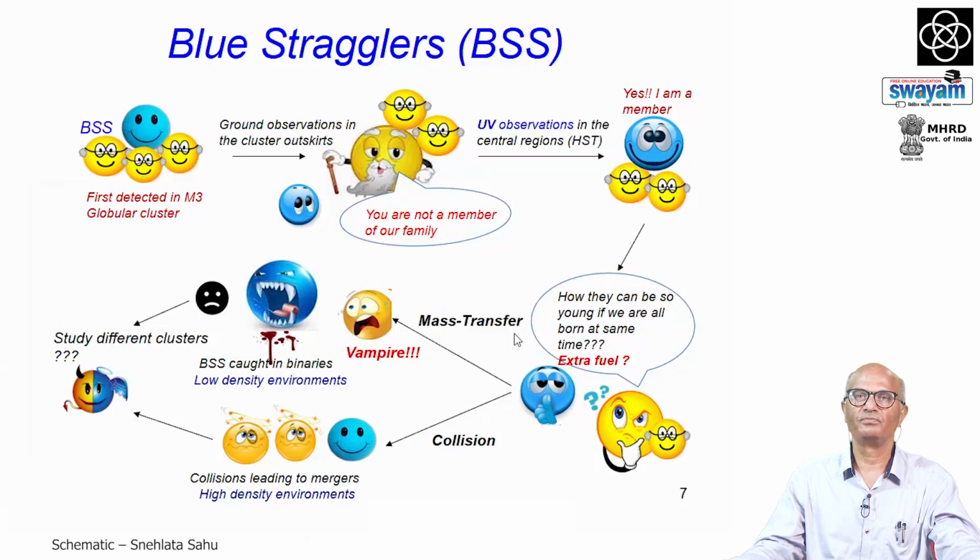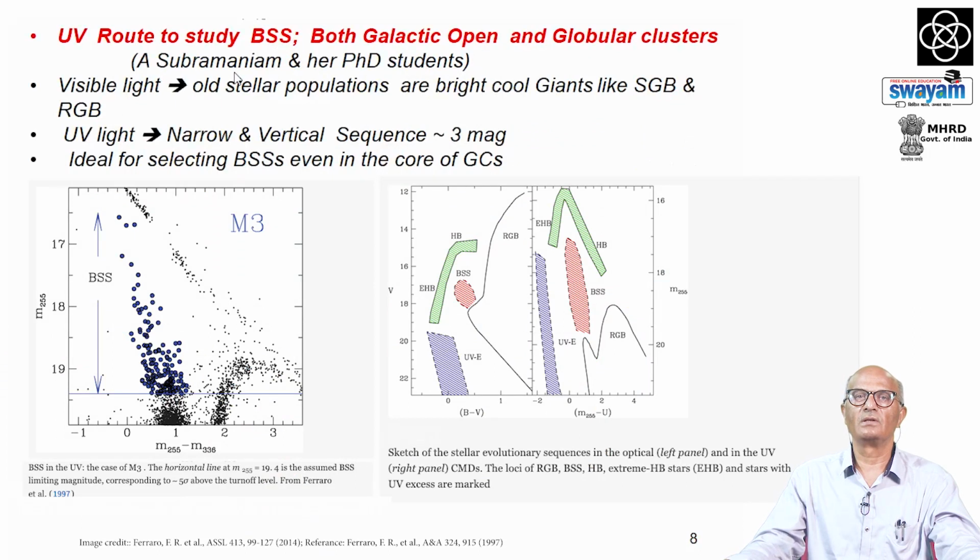So, as I mentioned, it is Annapurni Subramaniam and her PhD students. In fact, this project is led by them, and we can call it the ultraviolet route to study blue straggler stars, both in galactic open and globular clusters. In one project I am also PI.